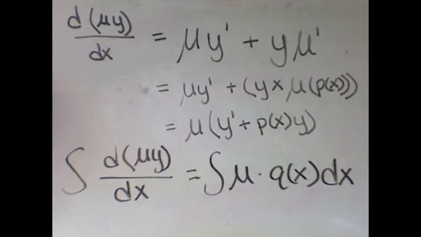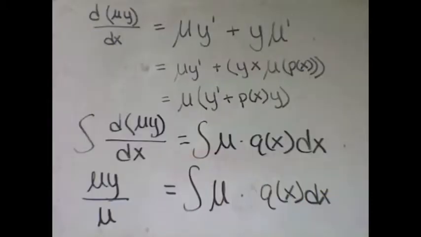After taking the integral of both sides, we get the integral of d of mu times y over dx equals the integral of mu times q of x dx. After taking the integral of the left side, we get mu times y equals the integral of mu times q of x dx.